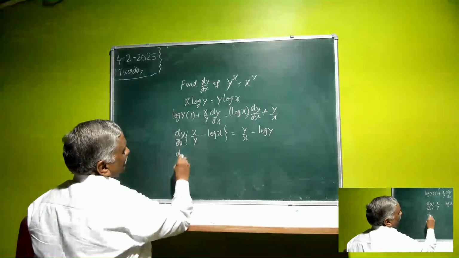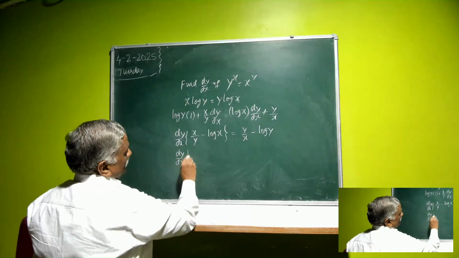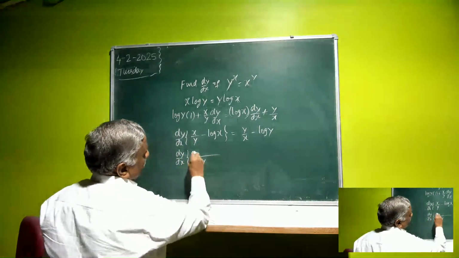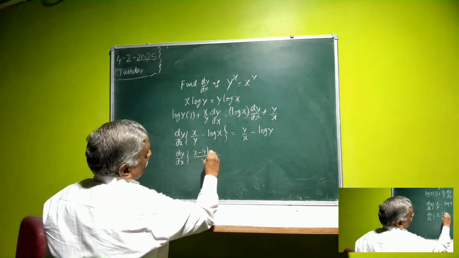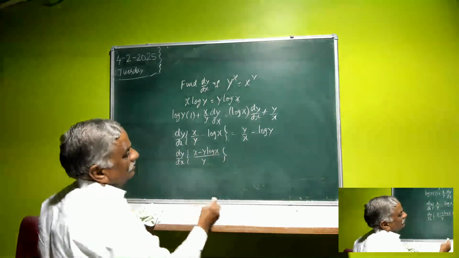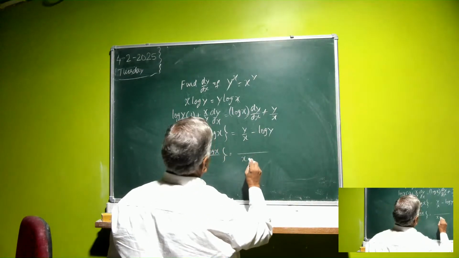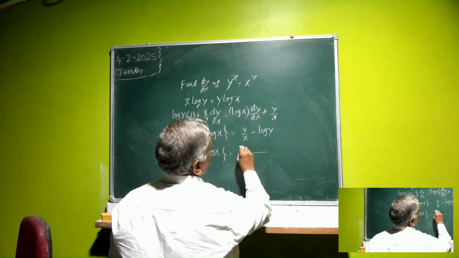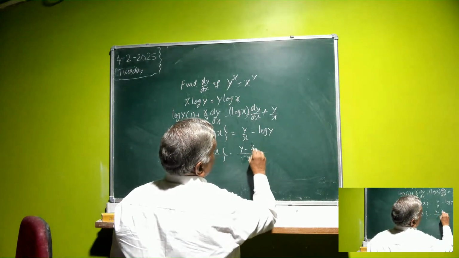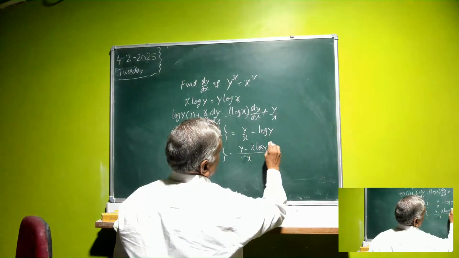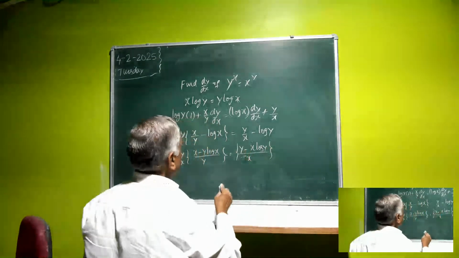So this is dy by dx is equal to, if you take the LCM, x minus y log x over x, and if you take the LCM, x over y minus x log y. So what is your final answer?